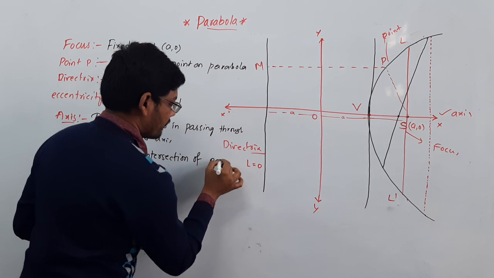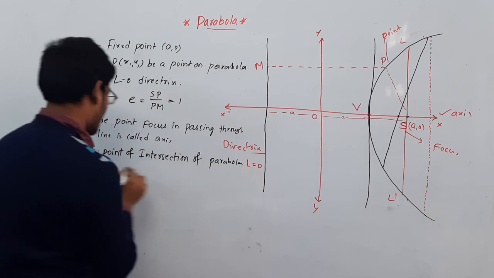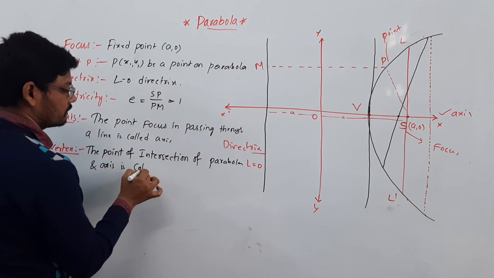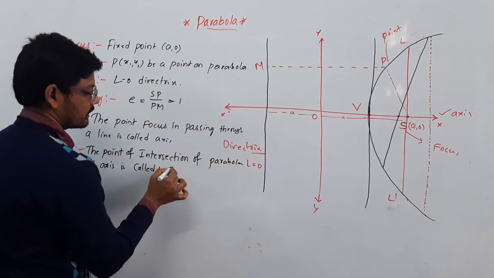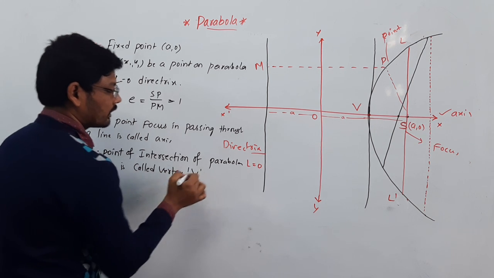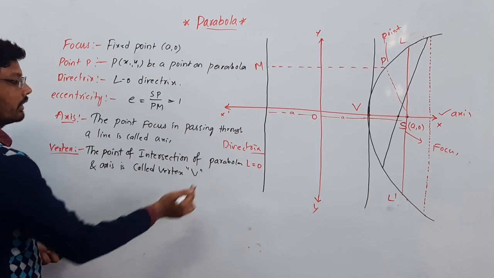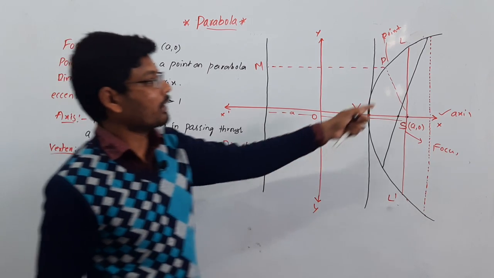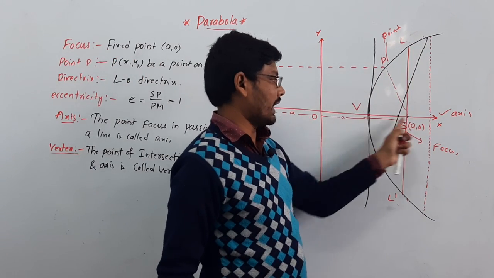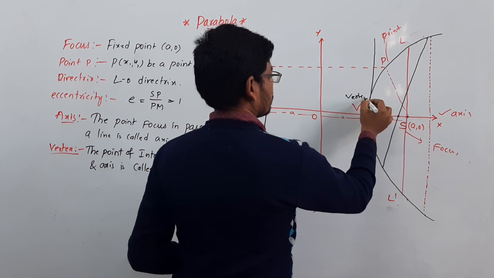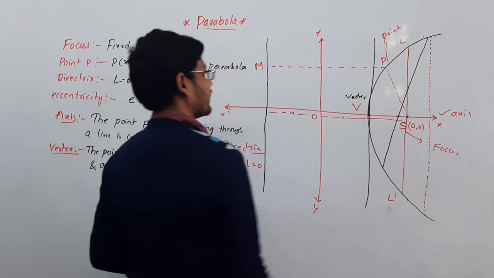Vertex is denoted by capital V. This point is called vertex.